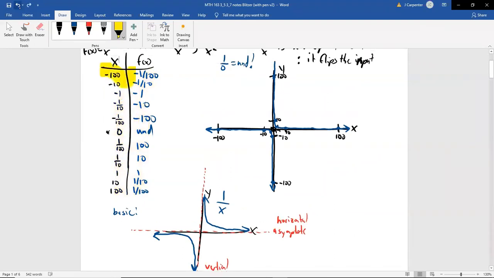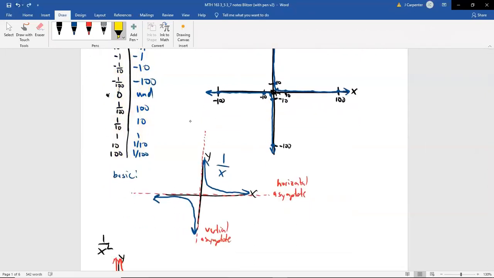So again, you will never graph a rational function this way again. What you do is you find out where these little dotted lines I've drawn up go, and then you just make the shape around that with 1 or 2 points instead of doing 10 or 12 points. So the blue is the actual graph itself. These red dotted lines are what we call asymptotes.